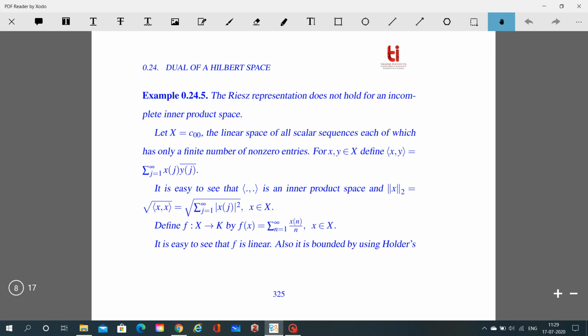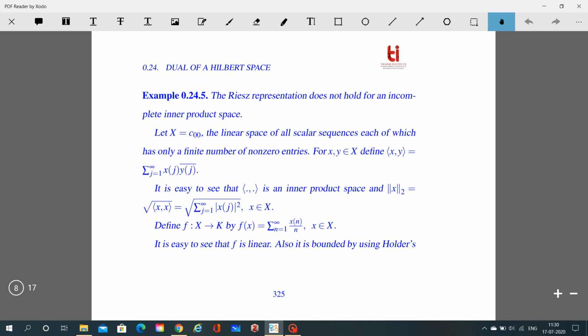The Riesz representation theorem does not hold for an incomplete inner product space. For example, let X be the space of all scalar sequences, each of which has a finite number of non-zero entries. So let X be c_00.